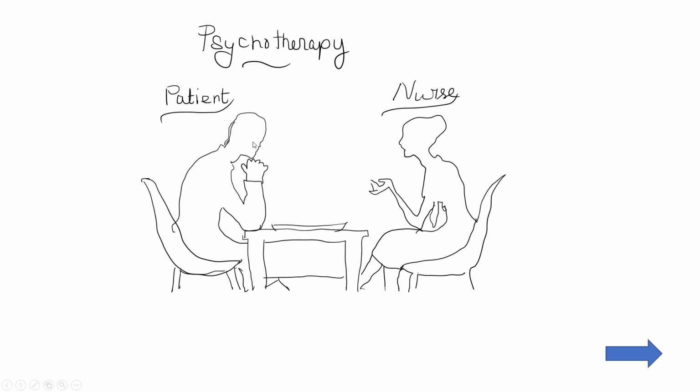Through communication, the nurse or doctor will reduce his problem and give a solution to his problem. He will understand his current disease condition and his mental status. That will be helpful for the treatment. So for this we can use psychotherapy.